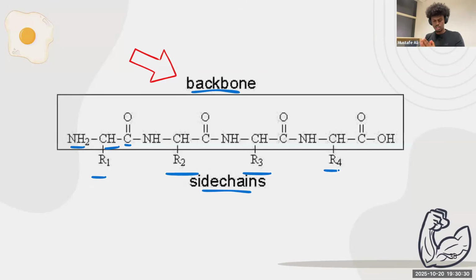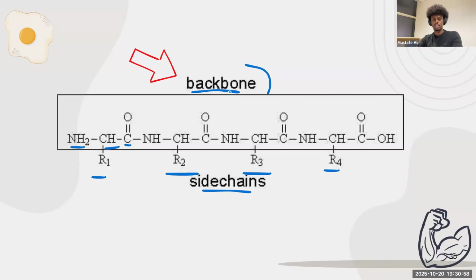The reason I'm mentioning this is that the secondary structure is determined by hydrogen bonds forming in the polypeptide backbone. The R's are the side chain, so R1, R2, R3, R4 are considered the side chain, whilst the polypeptide backbone consists of the amine group, the carboxyl group, the double-bonded O, the H, literally everything else.